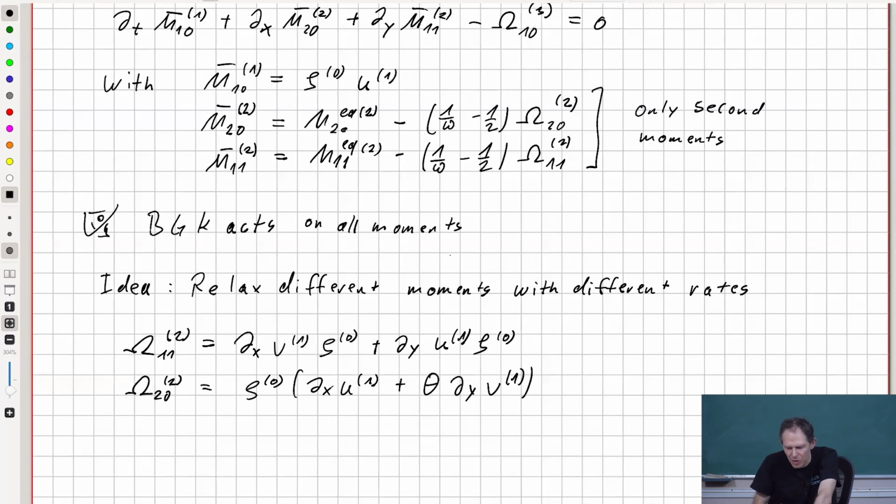So this can be rewritten, and actually we can also rewrite this by adding these two second moments together like this.